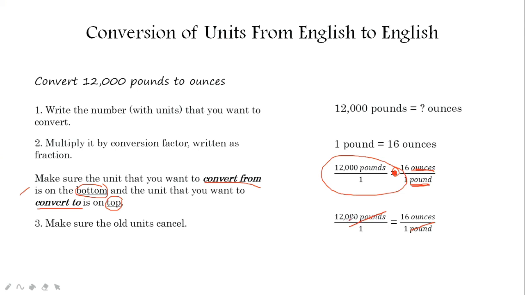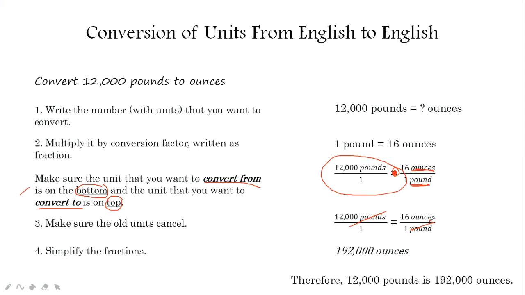So, 12,000 multiplied by 16. Simplify it. That is the fourth step. Last step. And the answer is 192,000 ounces. Therefore, 12,000 pounds is 192,000 ounces. So, that is measurement units, English to English.